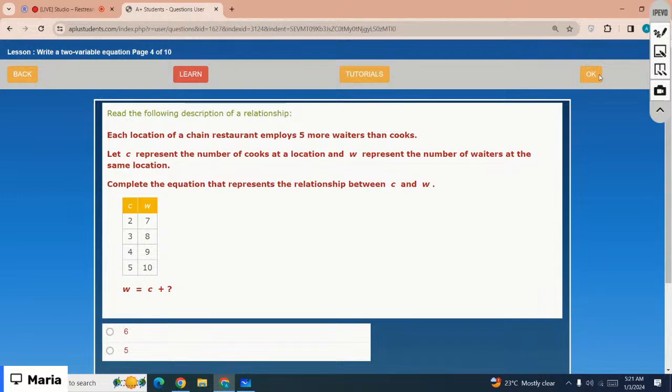Complete the equation that represents the relationship between C and W, right? The correct option is 5.